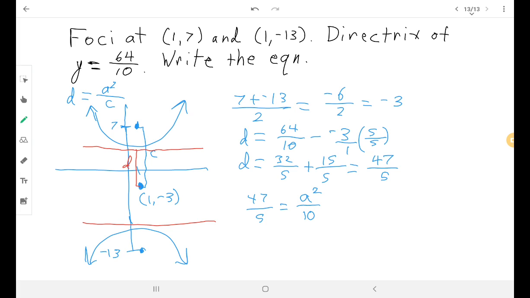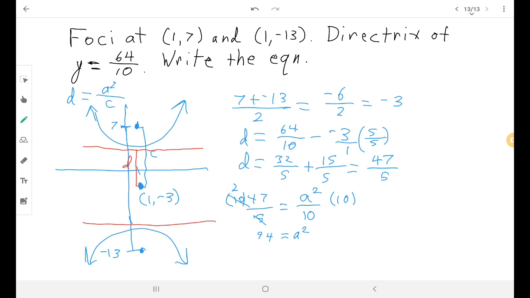Then if I multiply both sides by 10, I'll get, let's see, 10 divided by 5 is 2, 2 times 47 is 94, so we get 94 equals a squared.